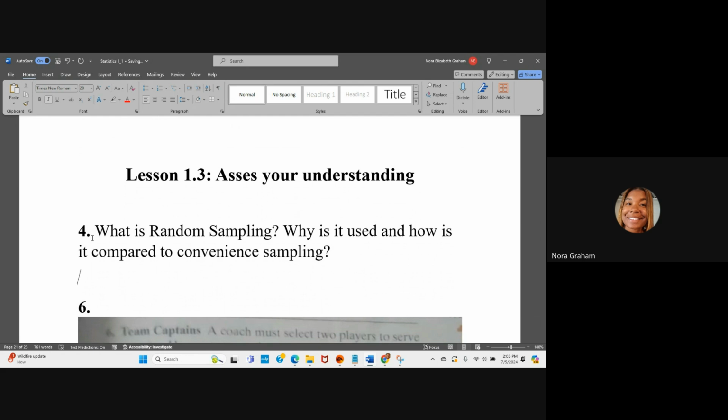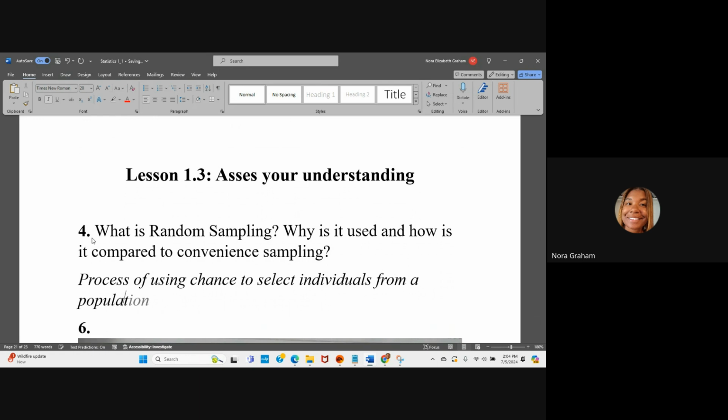So this is like one of our definitions that I had up there. Remember, random sampling is the process of using chance to select individuals from a population.